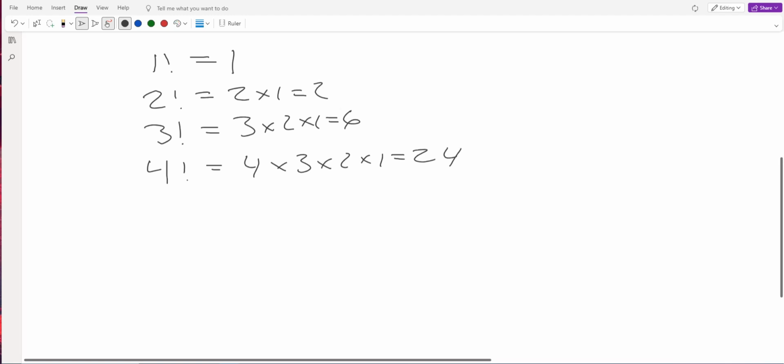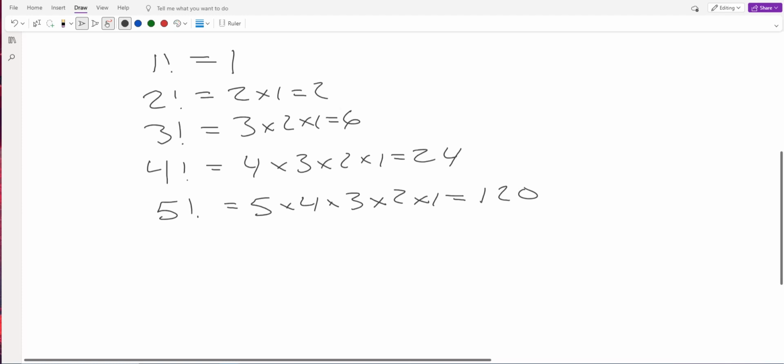And then 5 factorial is equal to 5 times 4 times 3 times 2 times 1, which is going to be equal to 120.